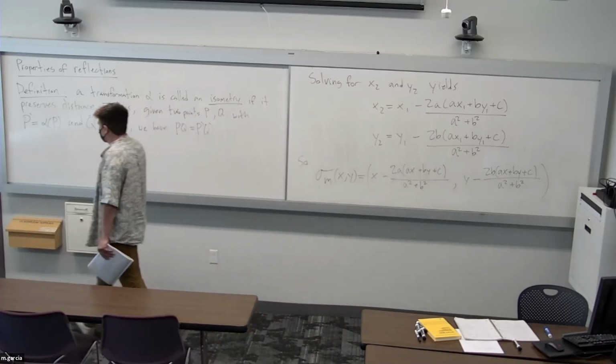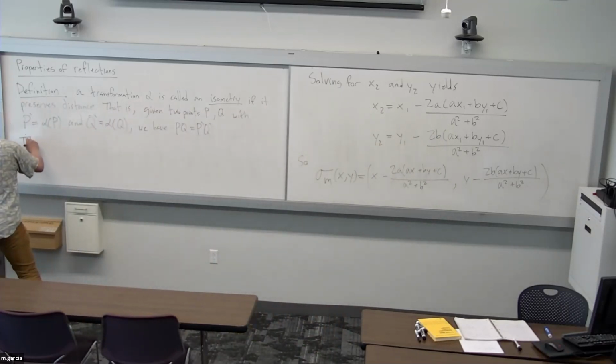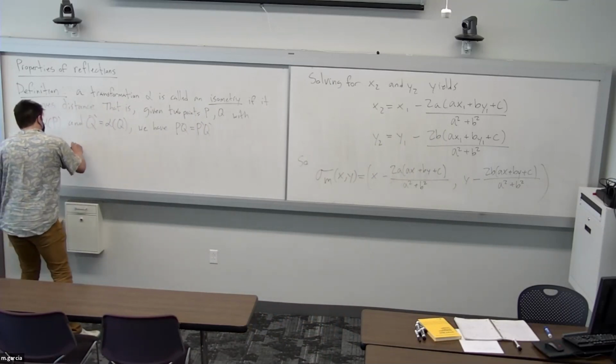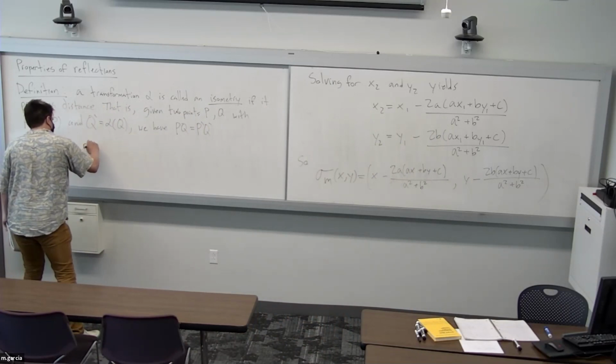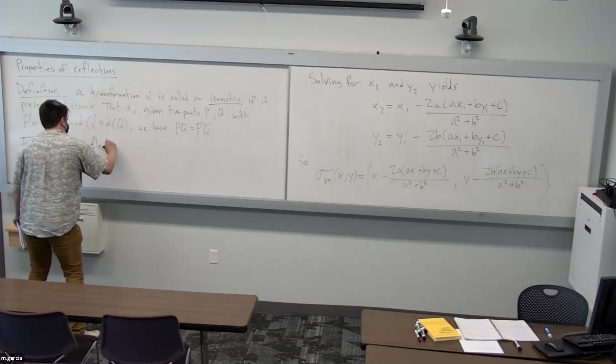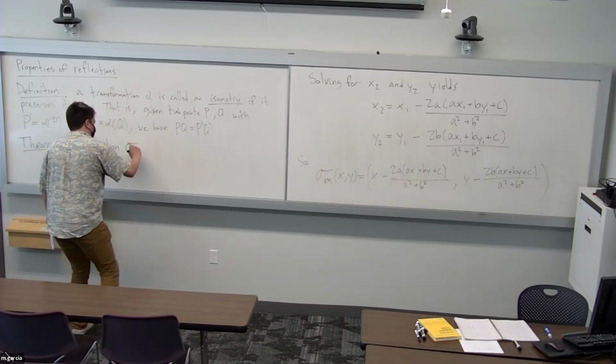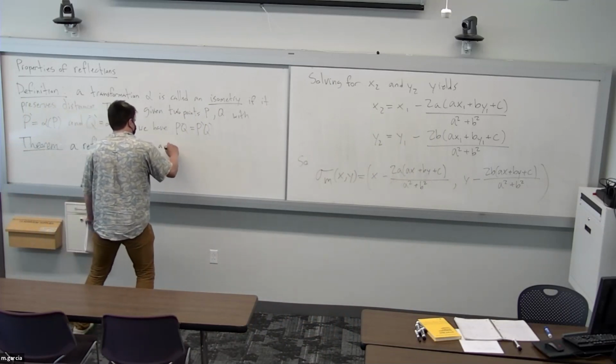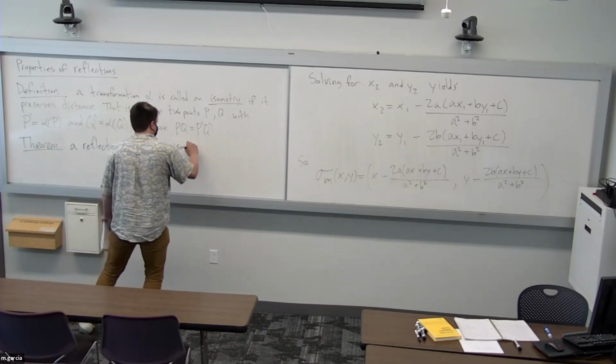So, in particular, a reflection sigma sub m is an isometry.